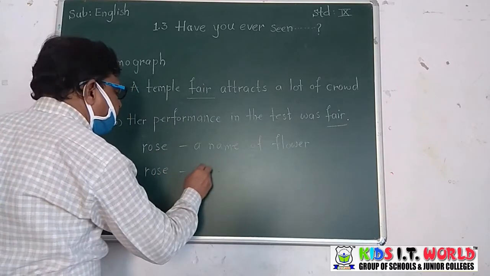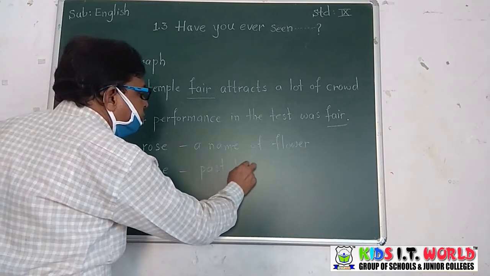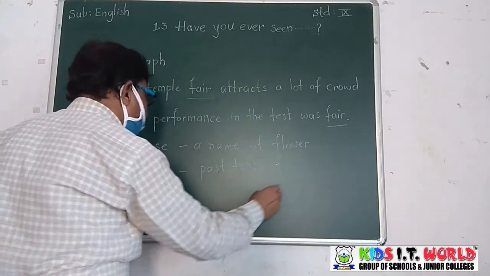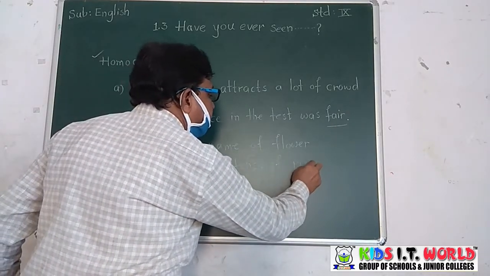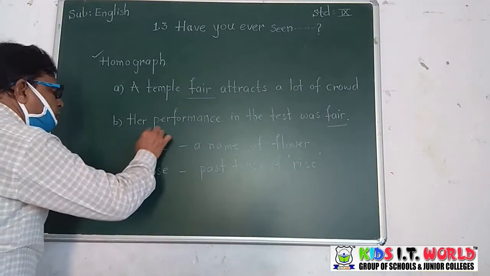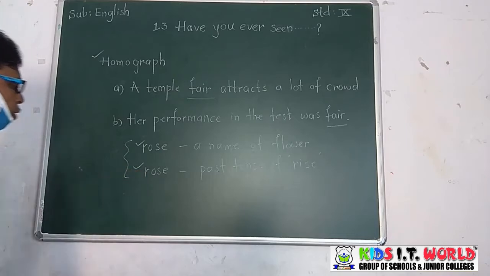It is the past tense of rise: rise, rose, risen. Therefore, though these two words are the same in spelling, they differ in meaning. Therefore, these are called homographs.